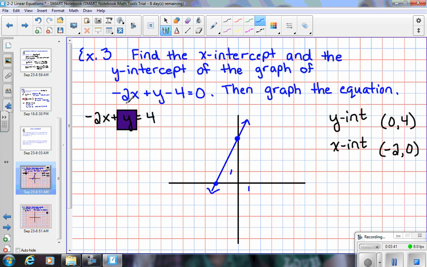And there's a graph of my line. So the equation negative 2x plus y minus 4 equals 0 produces this graph, a line, thus it's a linear equation, using the x and y-intercepts.